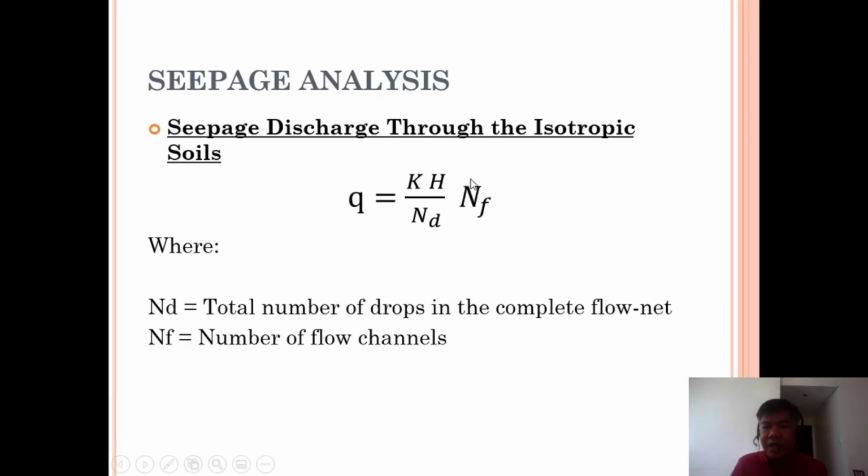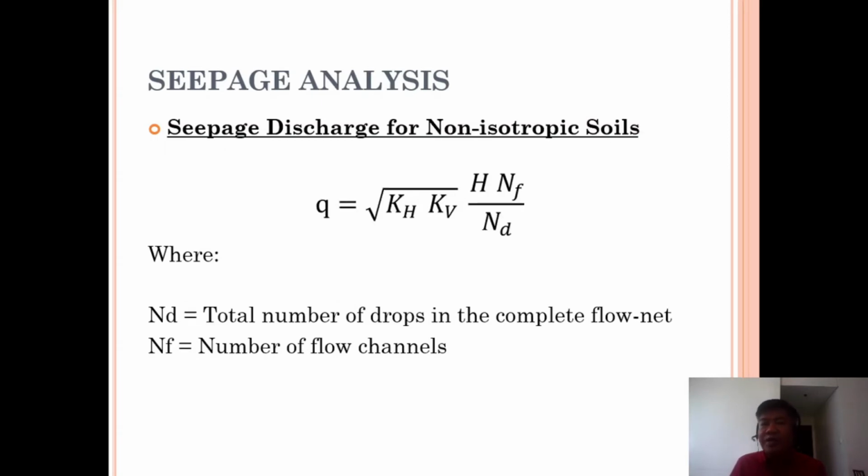Then you have H, the height of water, and you can compute the estimated value of Q. But it is a graphical method, so the level of accuracy is not that acceptable compared with the computer software we have at present.